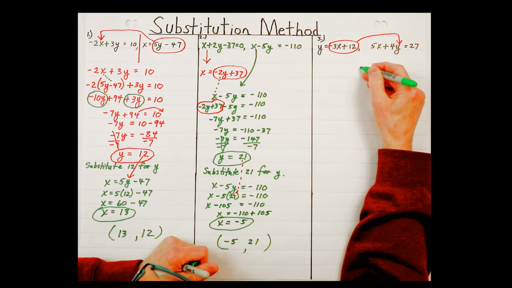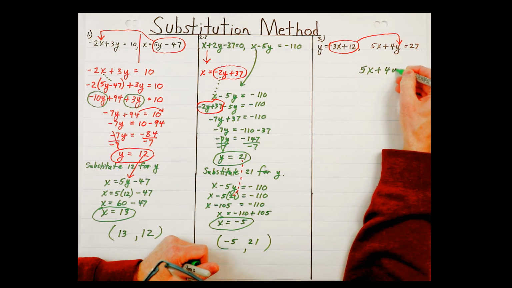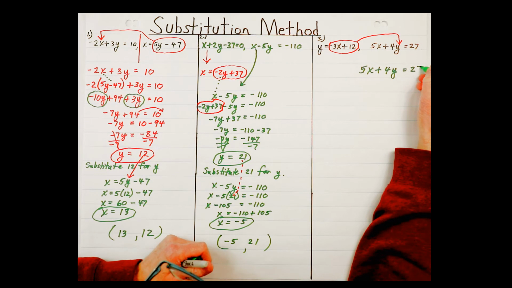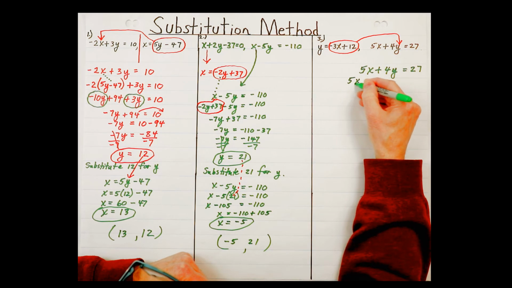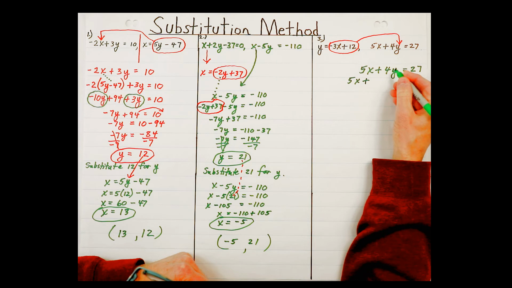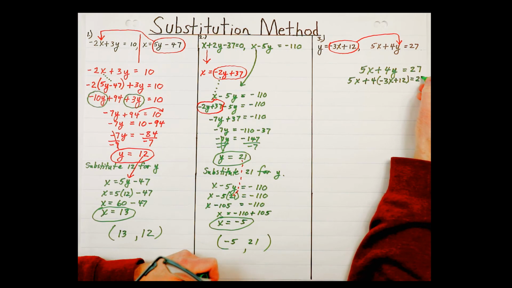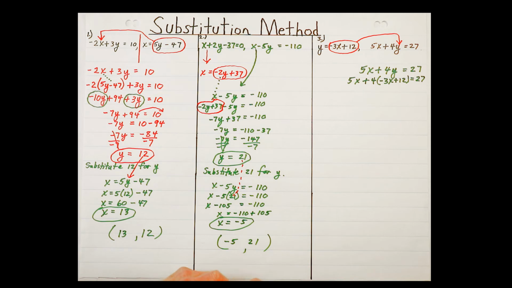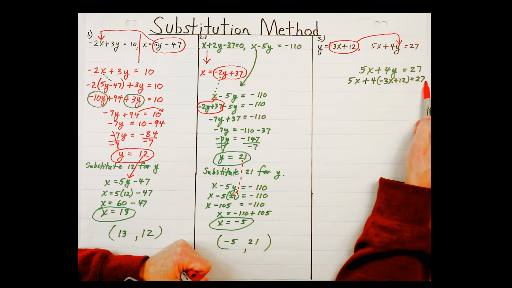All right, let's copy this down again. 5x plus 4y equals 27. Give me a little more room. So 5x plus 4 times negative 3x plus 12 equals 27. Now I'm going to emphasize this again, same as the last two questions. What's the difference between this line and this line?